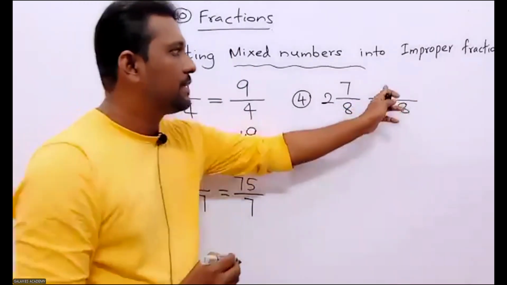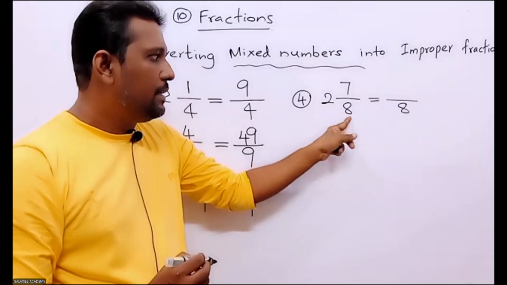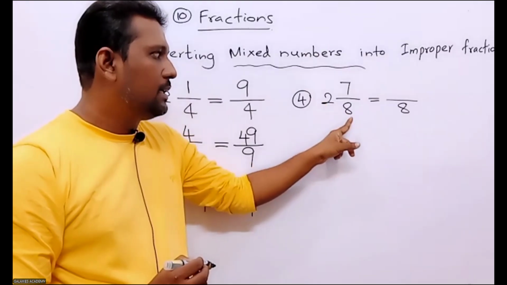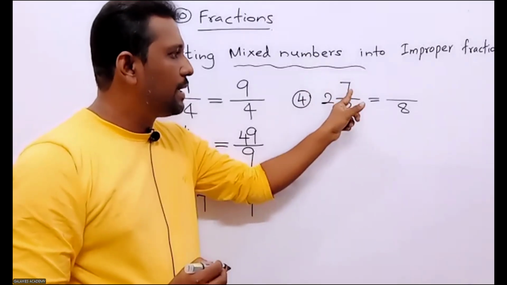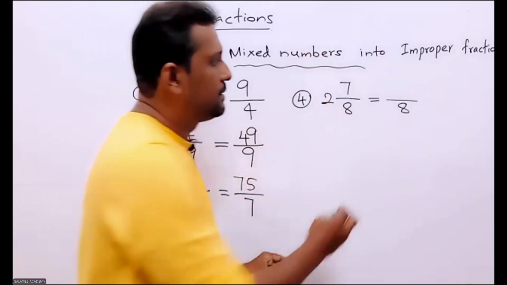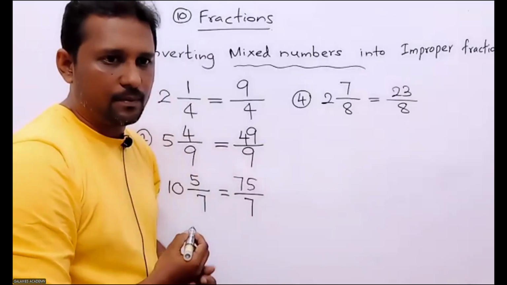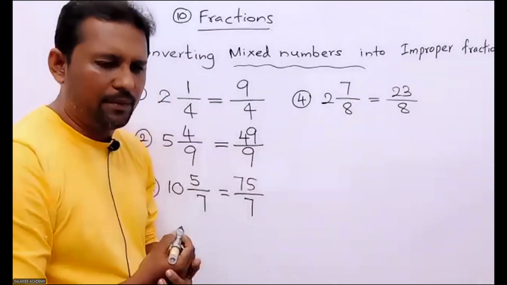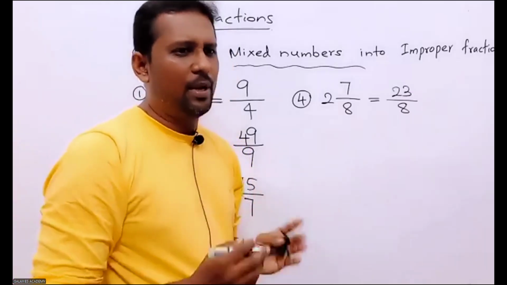To get the numerator, multiply denominator and whole number: 8 times 2 is 16. 16 plus 7 is 23. So it is 23 over 8. Very easy, right? This is a method you have to remember.